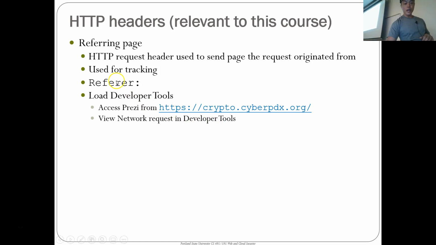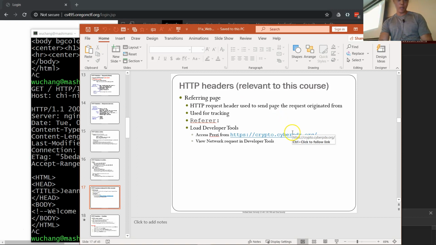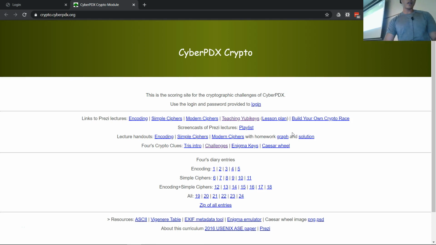To show you how this works, I'm going to access a Prezi. Prezi is a presentation site that I use. I'm going to access it through a different link. We run a summer camp every year called CyberPDX. This is the site for CyberPDX, and I have a bunch of Prezis here. Here's an encoding one, ciphers, and so on.